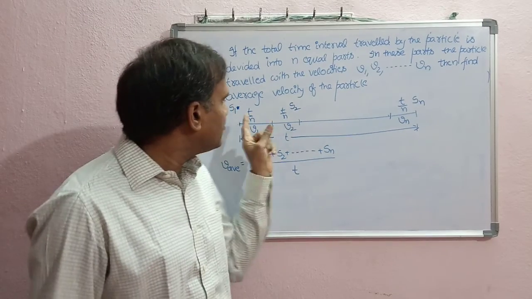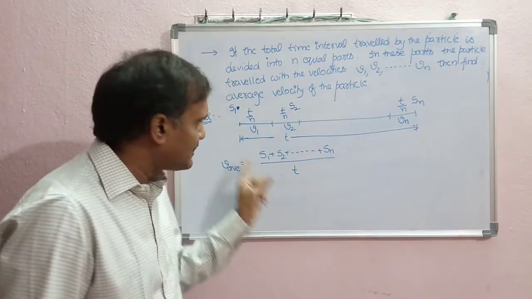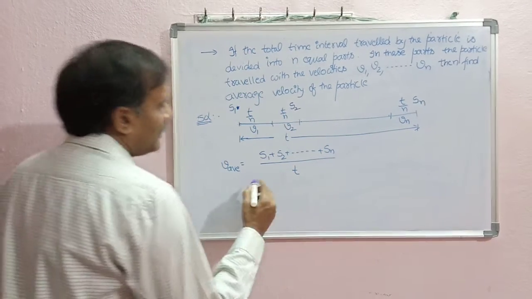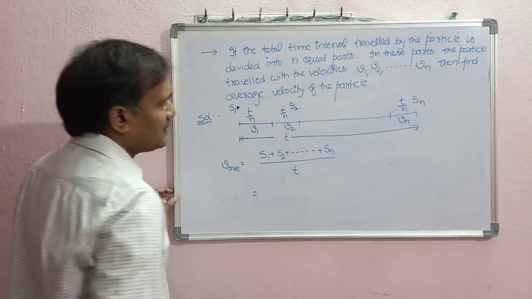Total interval of time is t by n plus t by n plus so on up to t by n, n times. Therefore, the total time interval is t seconds.